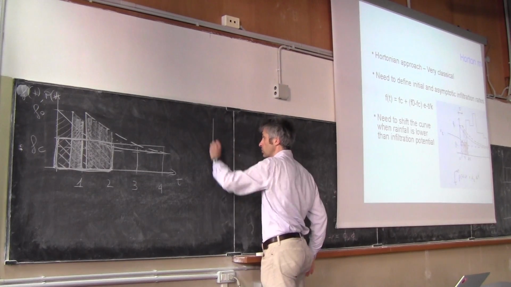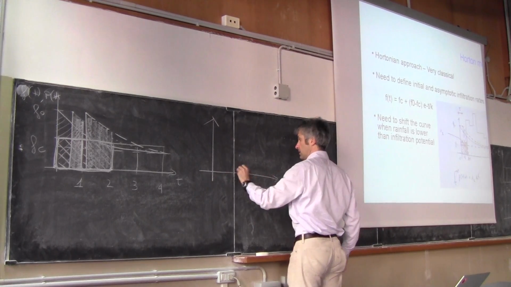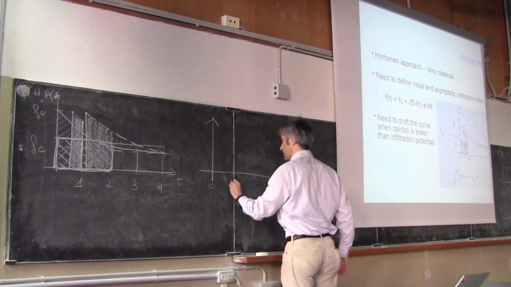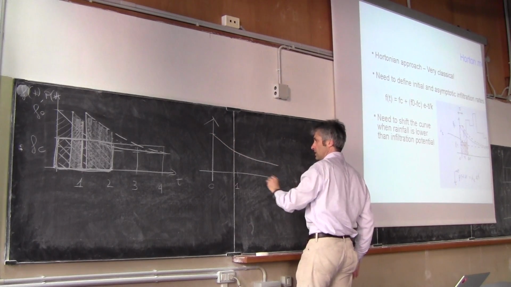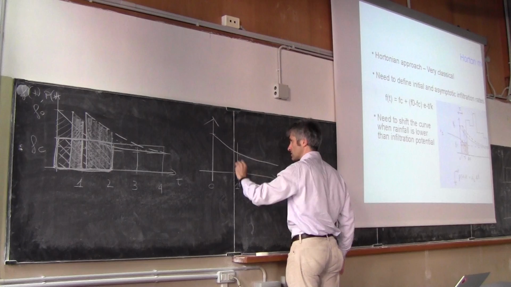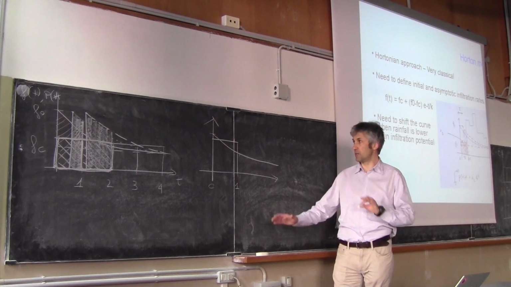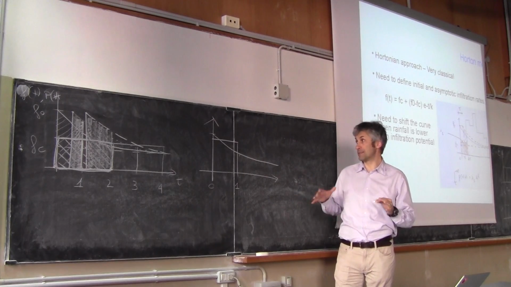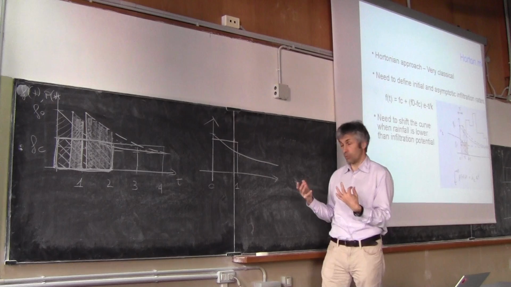But if, for instance, you look at a situation like this, and you have an infiltration curve, for instance, like this, and you have precipitation like this. So basically, you know, it's not clear what to do.